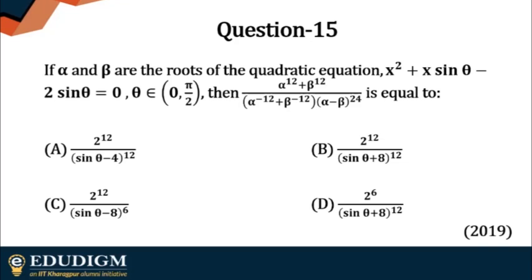First of all, as asked by quite a few of you, what will happen if you interchange alpha and beta? Just look at the expression you are supposed to find the value of. You can clearly see that if you just interchange alpha and beta, it is not going to matter. So it doesn't matter which one is taken as alpha or beta. So you're good to go here.